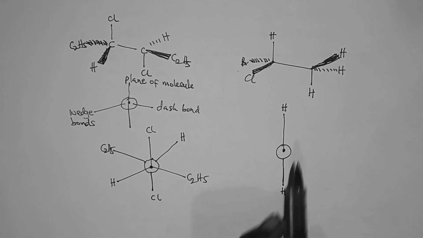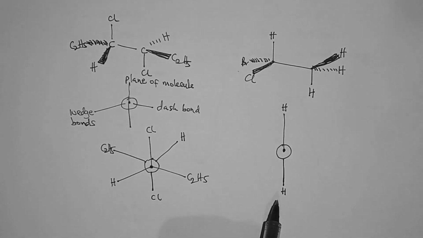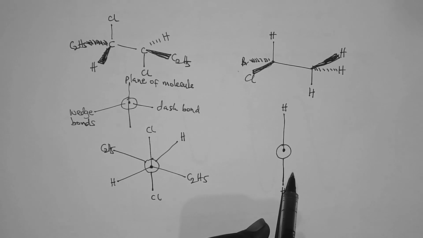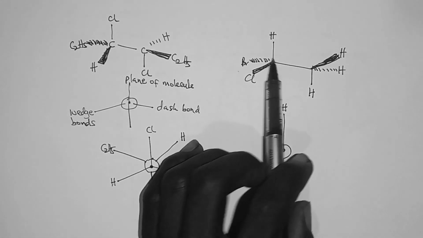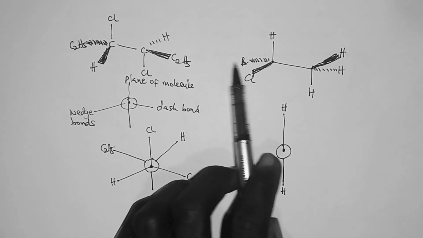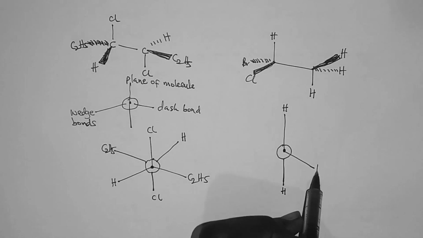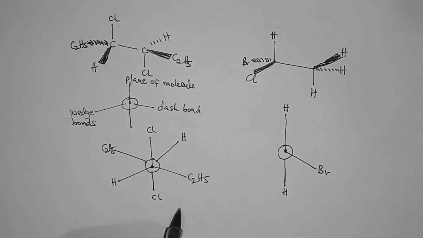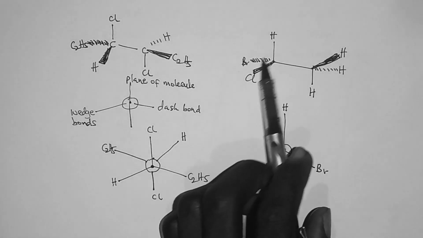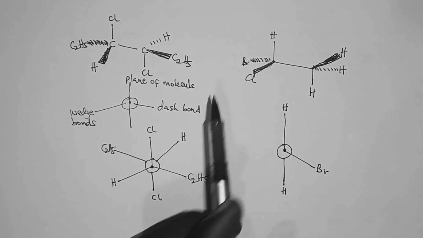And then we said that on the right-hand side are the bonds that are going into the plane of the molecule. So they are the dash bonds. So on the carbon in front, you see that the group on the dash bond is what? The bromine. So it means that bromine will come to this side. And then what is coming out of the plane of the molecule is the chlorine atom.